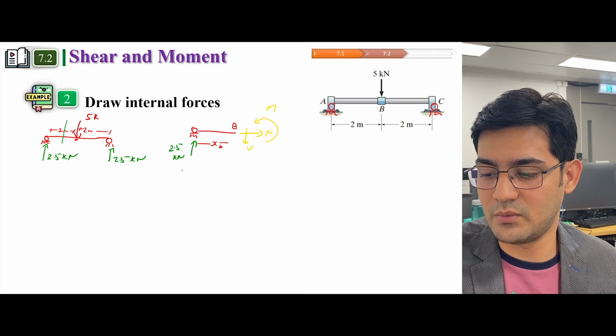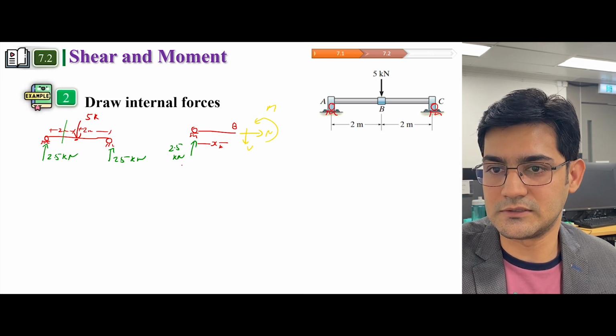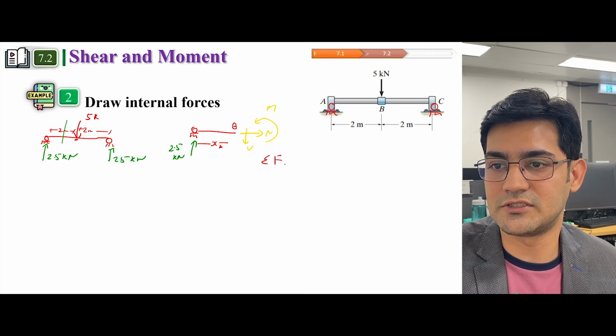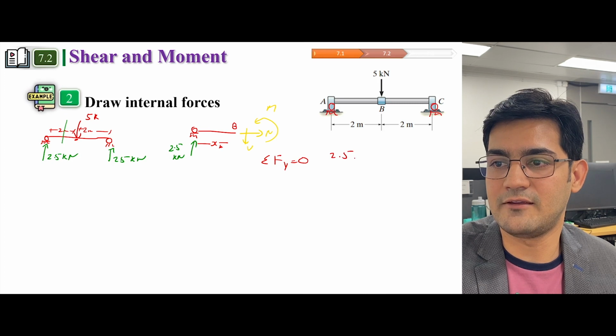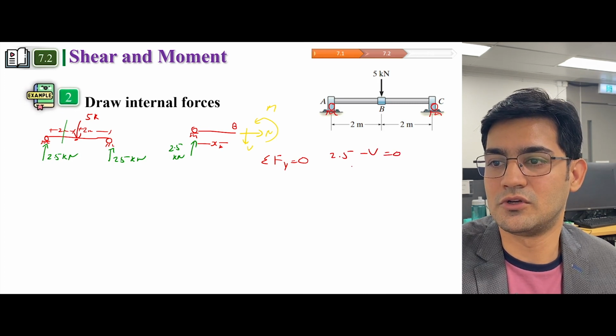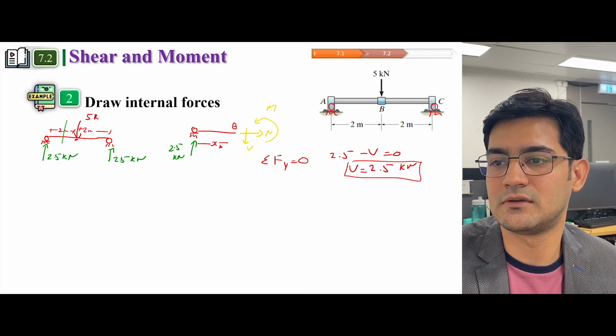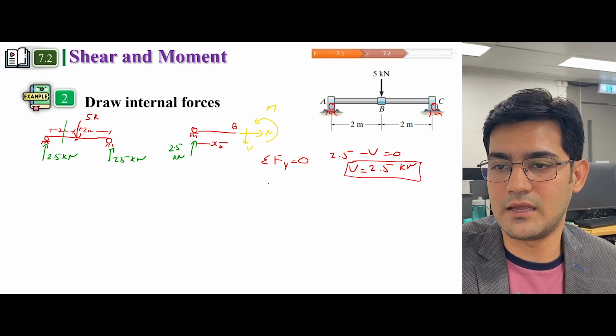If we apply the equilibrium equation, that is, the summation of all the forces along the y-axis is equal to 0, you will get 2.5 minus V equals 0. So you will get V is equal to 2.5 kilonewton. So that's one answer.